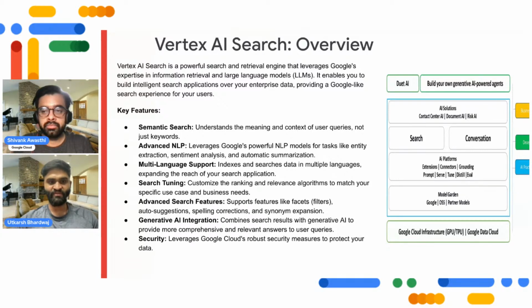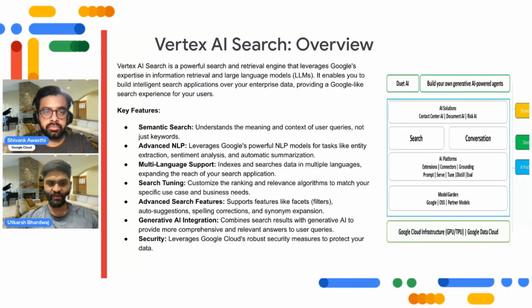Second is advanced NLP. It leverages Google's powerful NLP models for tasks like entity extraction, sentiment analysis, and automatic summarization. Then comes multi-language support. It indexes and searches data in multiple languages, expanding the reach of your search application. Then comes tuning. It helps you customize the ranking and relevance algorithms to match your specific use case and business needs.